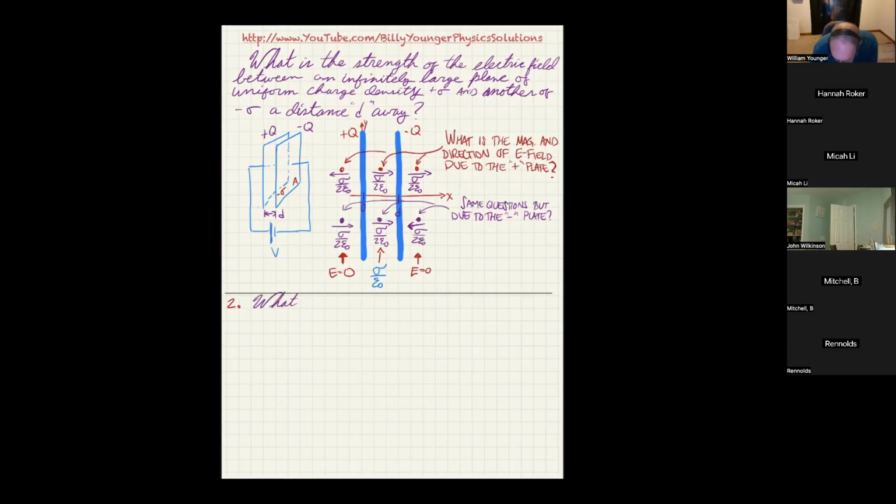What is the potential difference between the two plates?